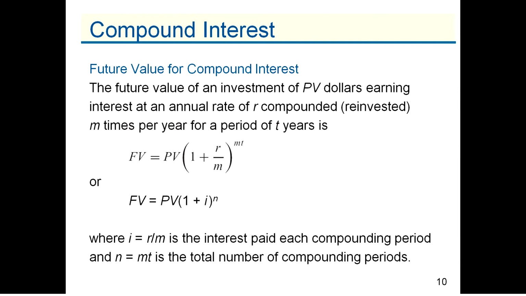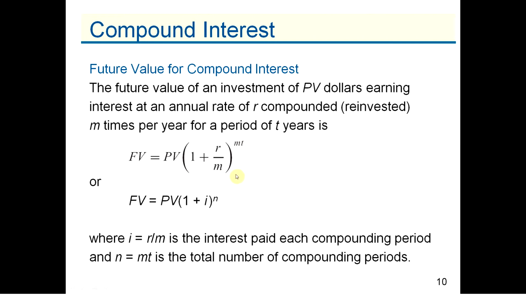These are the formulas that you can use to get to that 5th year without having to go through 1, 2, 3, 4, 5 years worth of calculations. Going over these variables once again, FV is our future value, PV is our present value, R is our annual percentage rate, M is the number of compounds per year, and T is time in years.